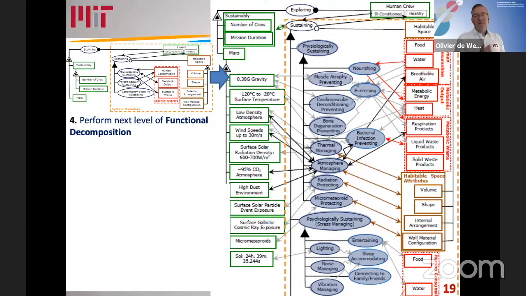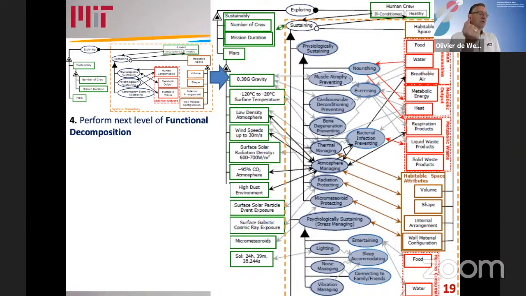Preventing muscle atrophy invokes a process or function called exercising. That's how, through exercise, we prevent muscle atrophy. And remember, Mars only has 38% gravity compared to Earth. So preventing cardiovascular deconditioning and preventing muscle atrophy are both facilitated through exercising, including preventing bone degeneration.